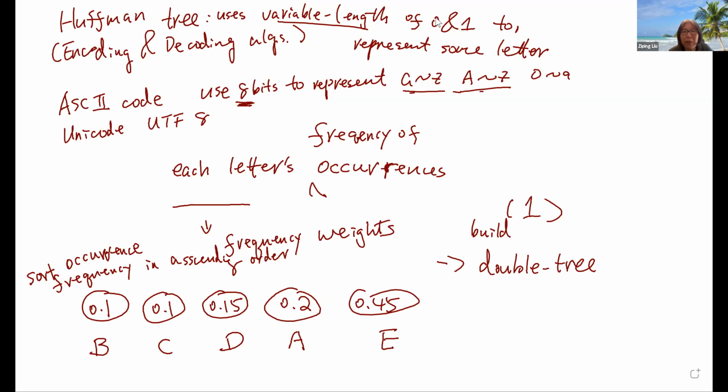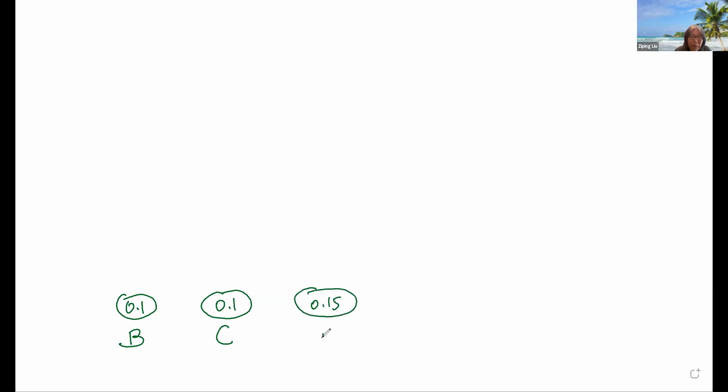Okay, so let me clear this part and let's do it again. So here I will redraw it. 0.1 is B, and then we have another 0.1 is C, and another one 0.15 is D, and then we have 0.2 is A, and then we have 0.45.